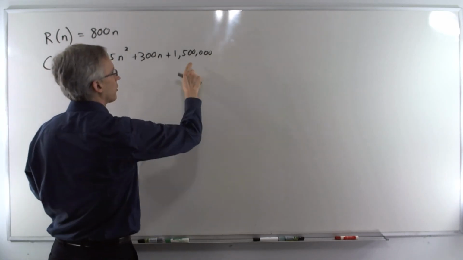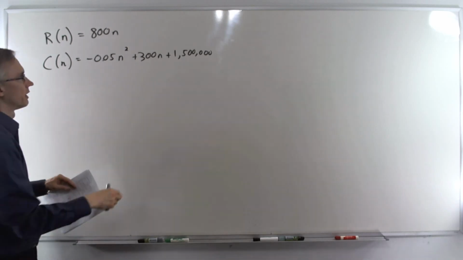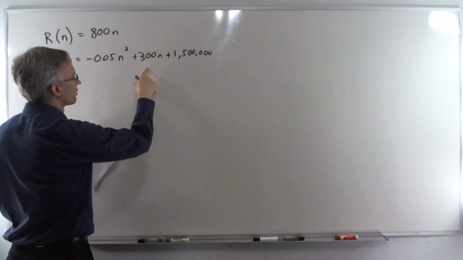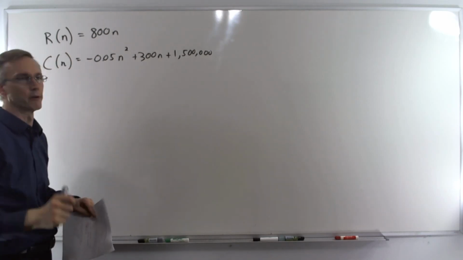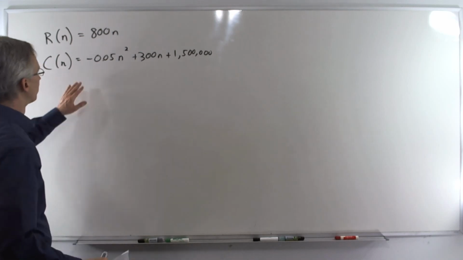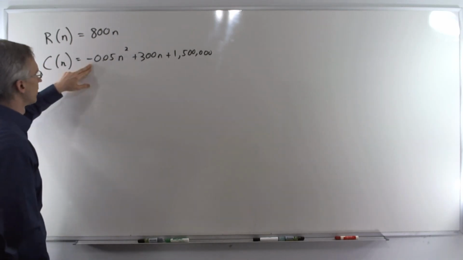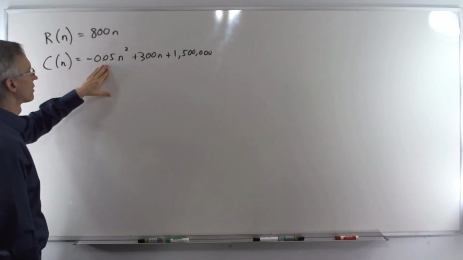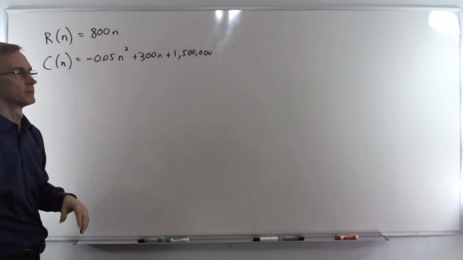This would be like all the equipment they have to buy to start producing them. And then here, it means every headset they make costs them $300. So that might be the raw materials and the labor that goes into producing each one. And then this is commonly included in these calculations. This is something that takes into account that it becomes cheaper to produce headsets the more that you produce.